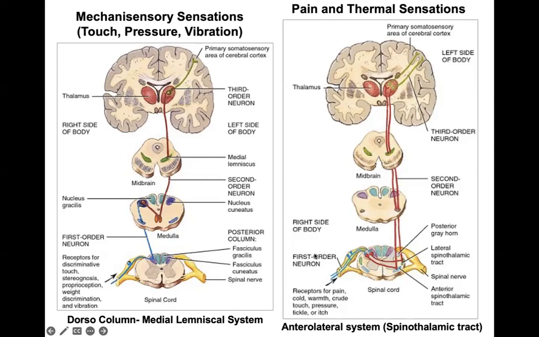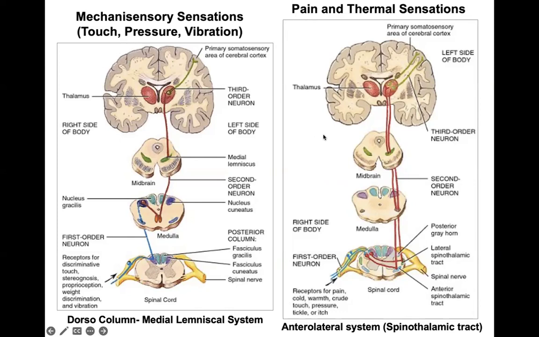If you have learned anatomy already, you probably know the names of these two tracts, the spinothalamic tract versus the other tract, right? But in this case, I just want you to appreciate that when you talk about sensation from the body, you differentiate between two major types of feeling: pain and temperature tracks, and touch, pressure, and vibration tracks, okay?